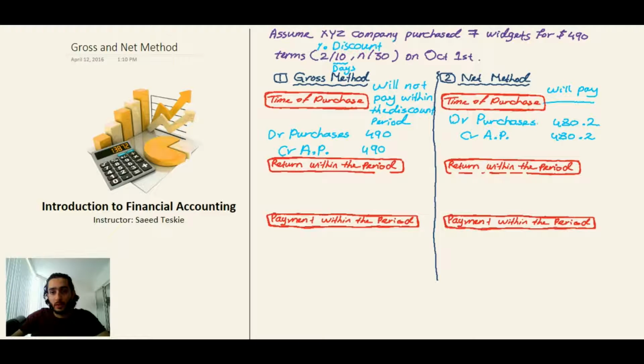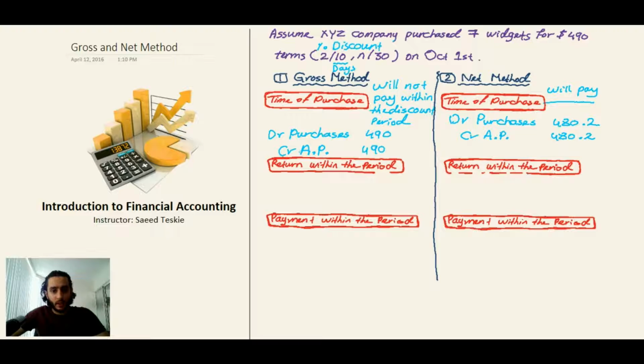Using the net method, we are assuming that the company will pay within the discount period. So from the beginning, we are assuming that we have a liability of 480.2 only, not 490. But using the gross method, we are assuming that the company will not pay within the discount period. So we are recording the full amount, the 490.